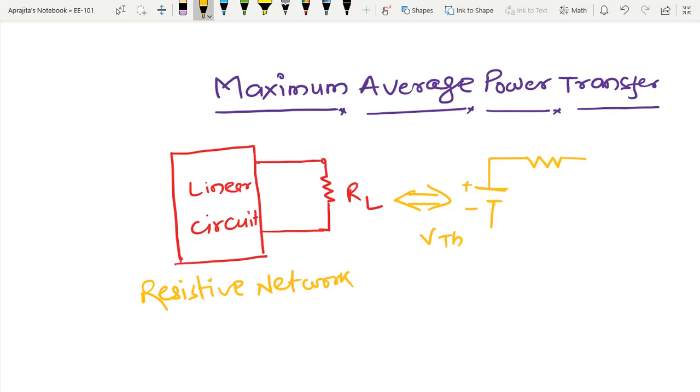So I add RTH, and after that I have the given load, that is RL. This is the equivalent circuit in order to maximize the power, and we proved that the maximum power would be delivered to the load if the load resistance is equal to the Thevenin's resistance.